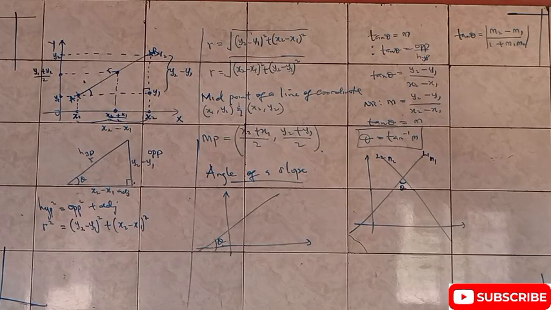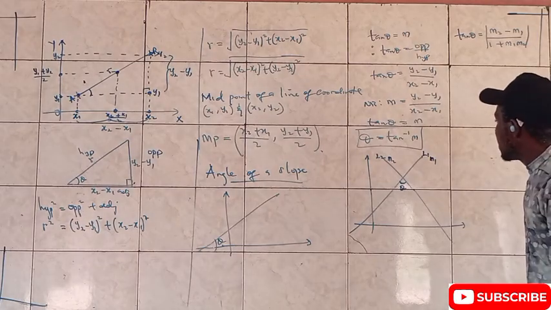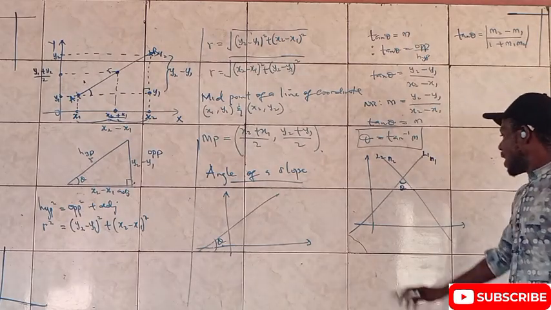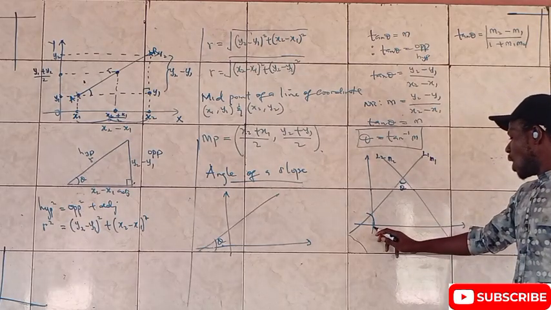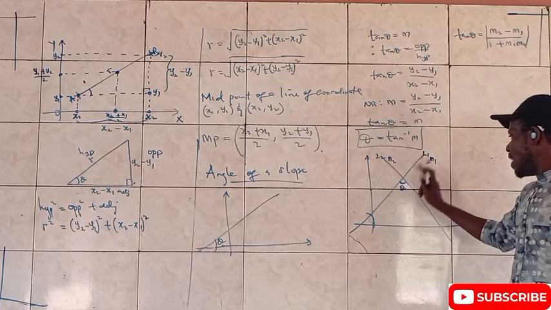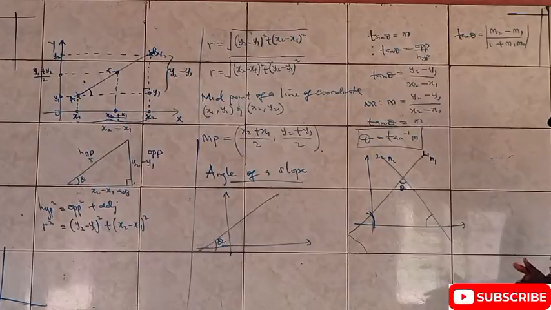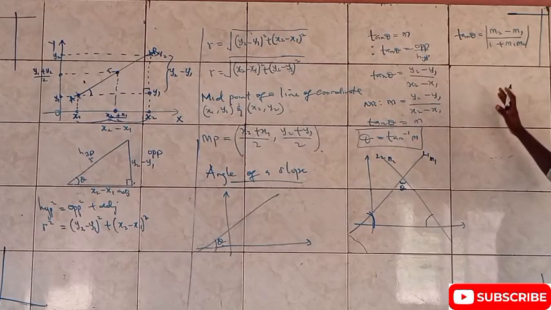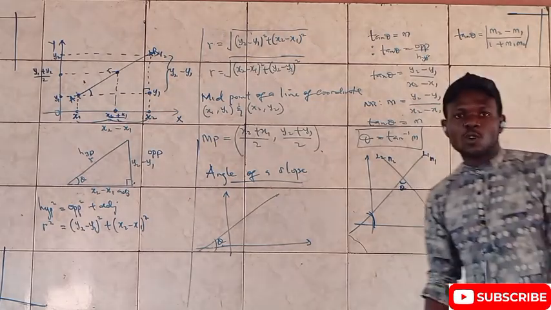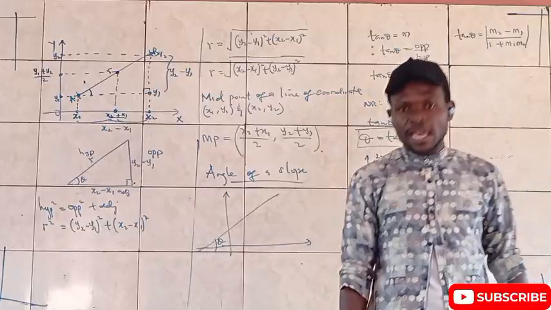Do you understand? But I can as well find it by taking the angle of line L1 to the x-axis and the angle of line L2 to the x-axis, and subtract to have an answer. But I believe this is one of the best ways that you can easily solve the question without having headaches.